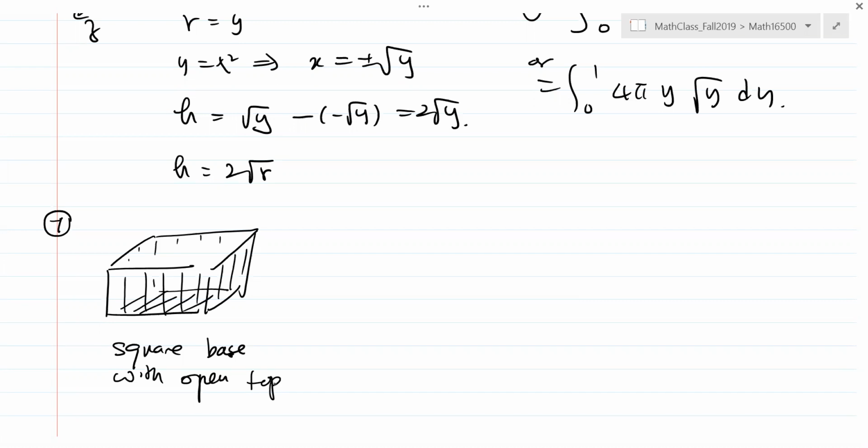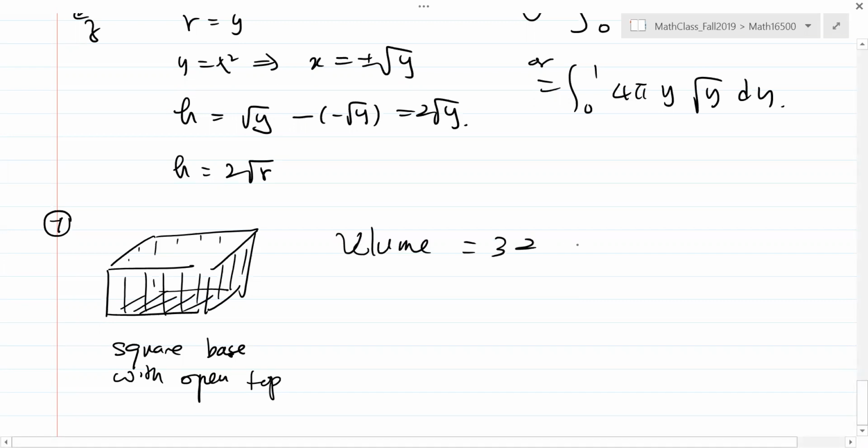Okay. So the volume is fixed, 32 cubic units. Find the dimensions that will minimize the surface area.